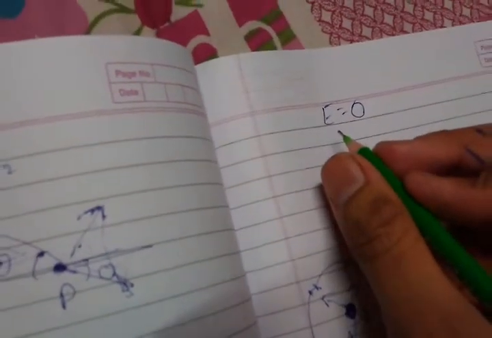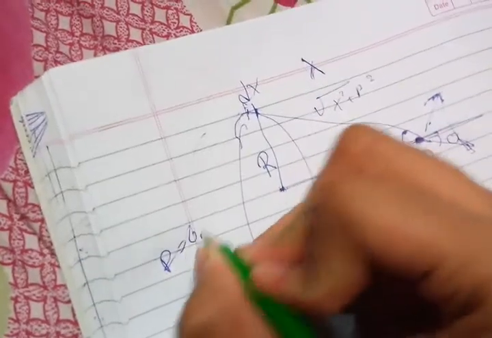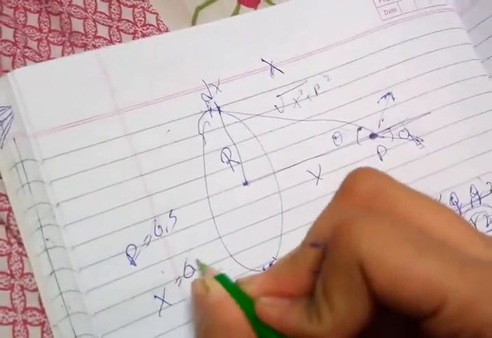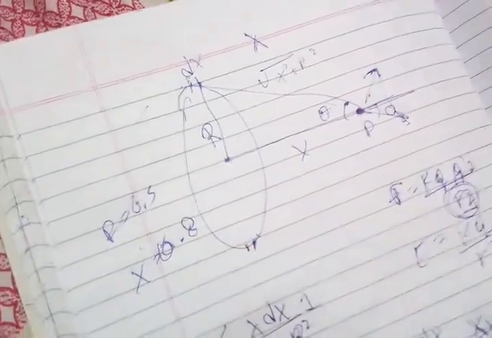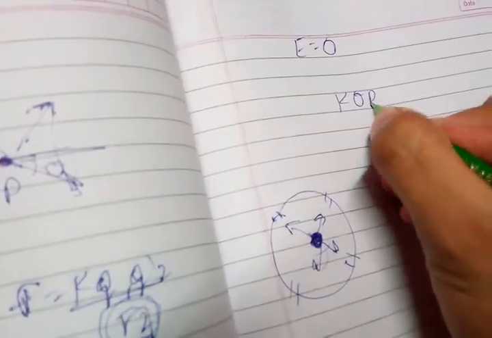And for the other point, r is 0.5, distance is 0.8, x is 0.8. So we can put in the values and we will find the answer. What we got, kqx.